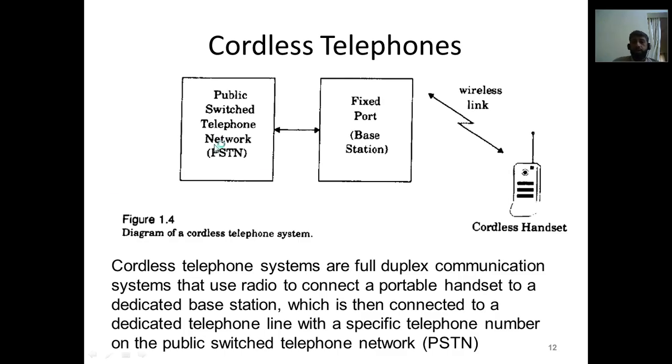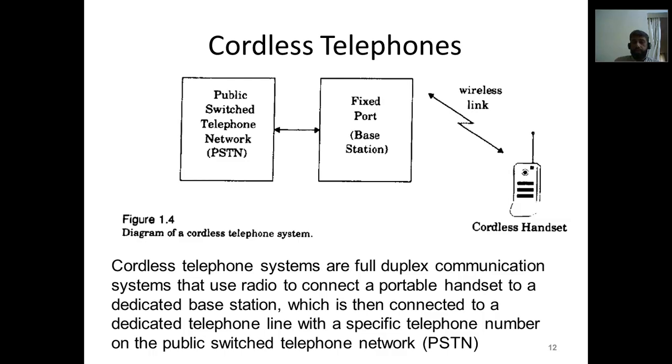You can see from the diagram here, we have a public switched telephone network which provides services to the fixed unit of the cordless phone, and that fixed unit is wirelessly connected to the cordless handset. So this cordless handset provides mobility to the user, while the base station or the fixed unit remains fixed at a certain location.